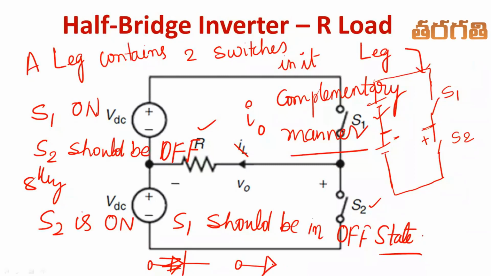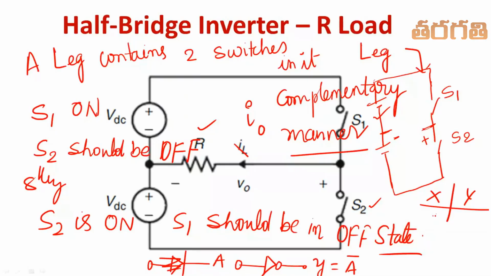If you give A as input, the output of the NOT gate is the complement of A. If X is the input and Y is the output, then if X is high, represented with 1, Y is low, represented with 0. If X is low, then Y is high.